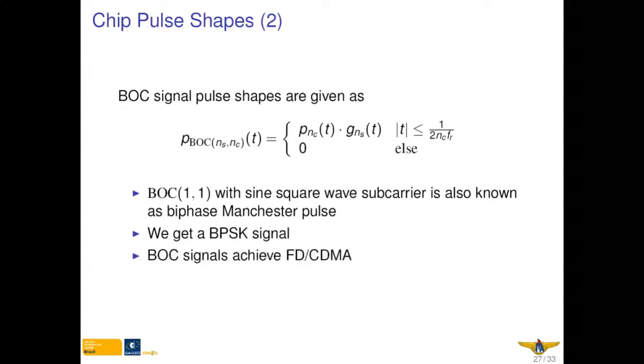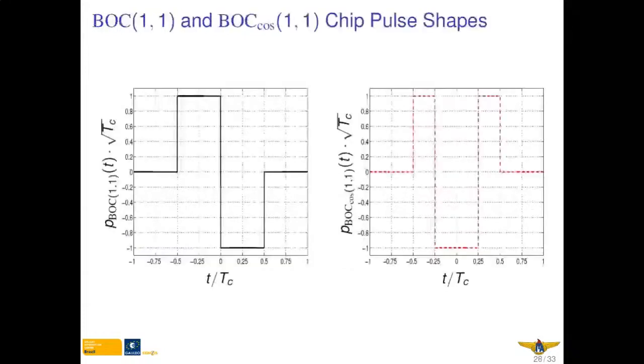BOC signals achieve the frequency division, code division multiple access that we have seen earlier in this presentation, and you will see in the following slides how they do this. So these are the chip pulse shapes for a cosine BOC on the right-hand side, and on the left-hand side, a sine BOC(1,1) signal.